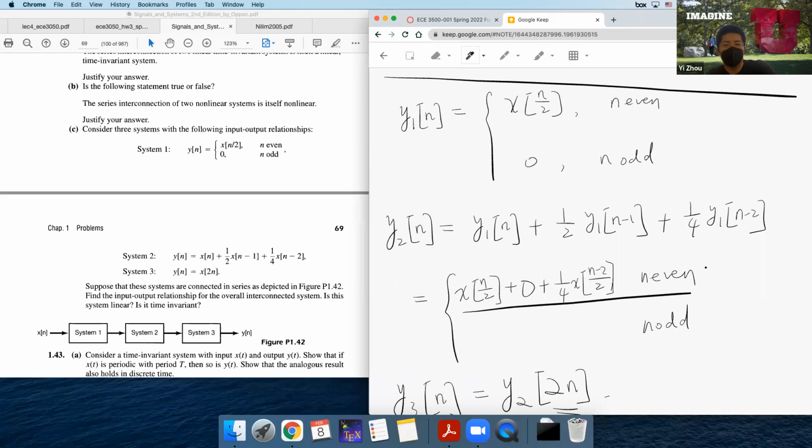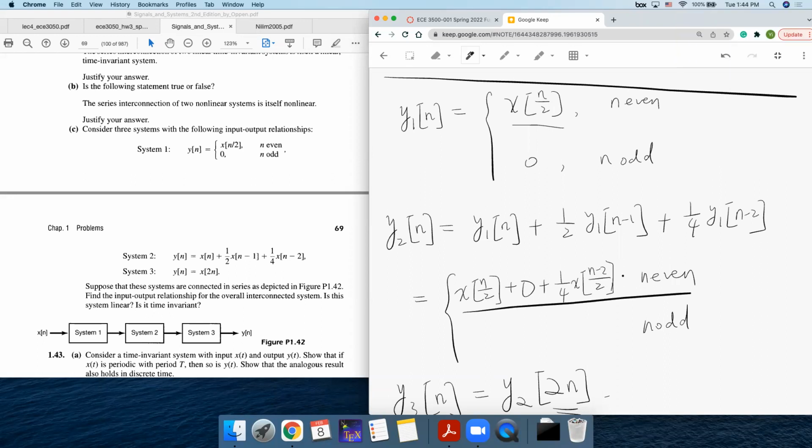So when n is even, the input to this y1 is an even number, so you go back to the formula for y1 and use the first formula, replacing n by n minus 2. That's why we have x[(n-2)/2] here.